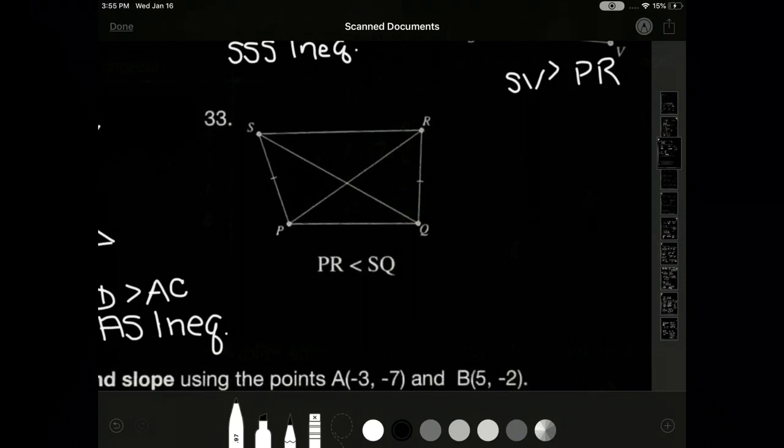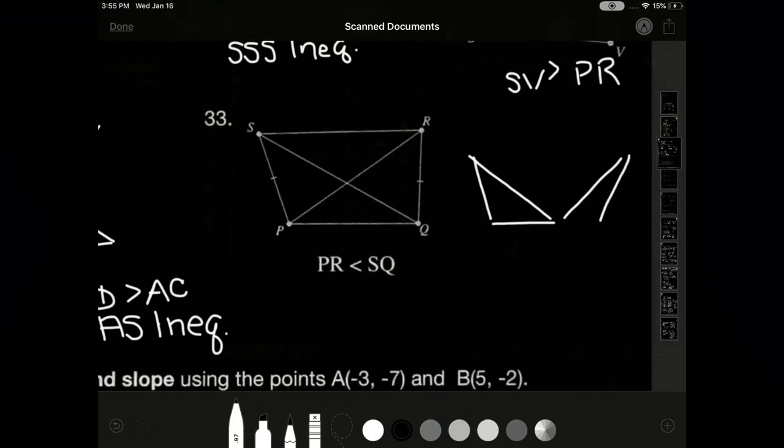Now for 33, we are looking at a triangle this way and a triangle this way. Whoops. Not the most congruent looking of triangles, or similar even. Now we have this side and this side. These guys are going to be congruent to each other. And then we're told PR is less than SQ. So opposite PR is this angle here. So we have angle PQR.